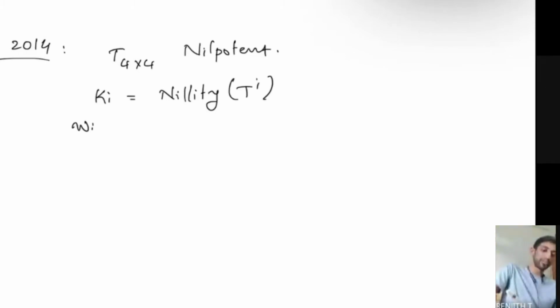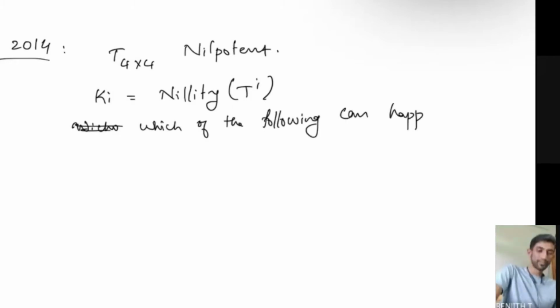Then which of the following can happen? So this was the question. Some sentences may be different, but this is the main question: T is a 4 by 4 nilpotent matrix, k_i is the nullity of T power i, then which of the following can happen?